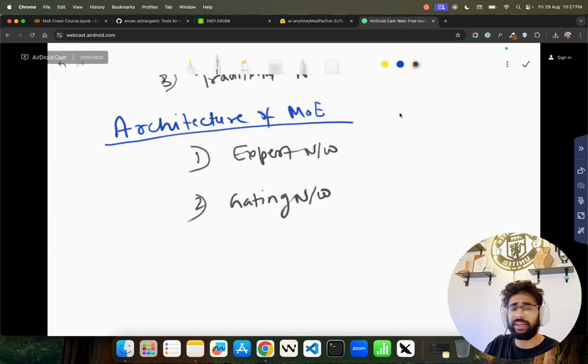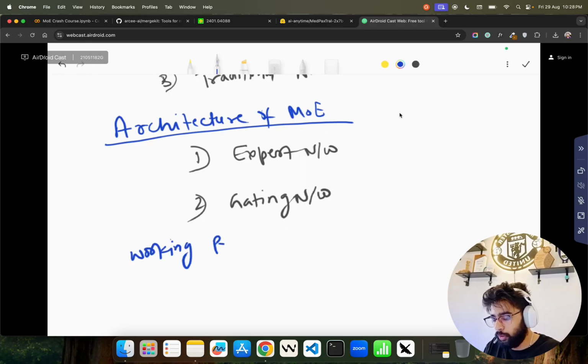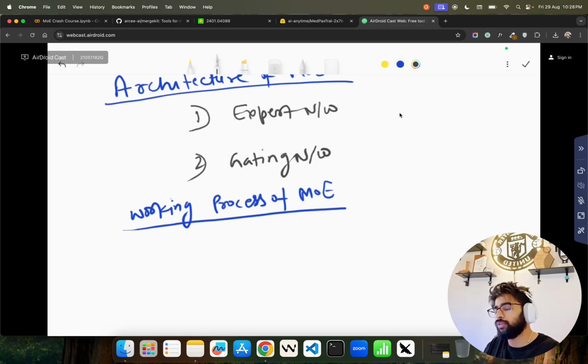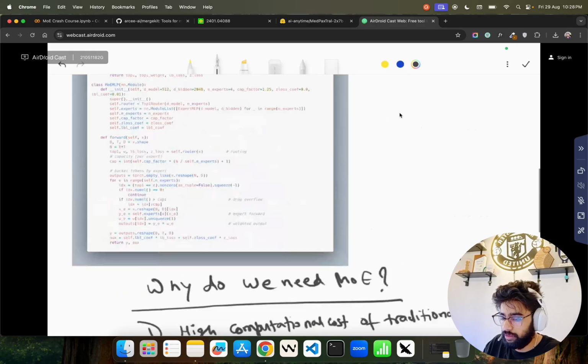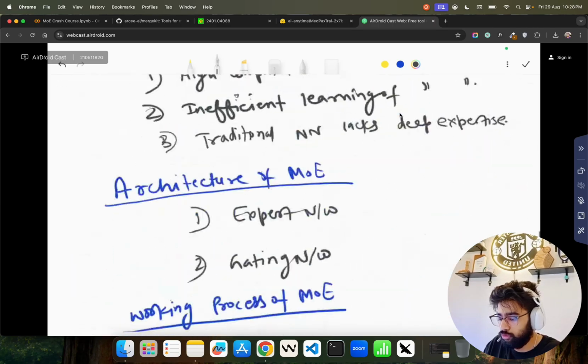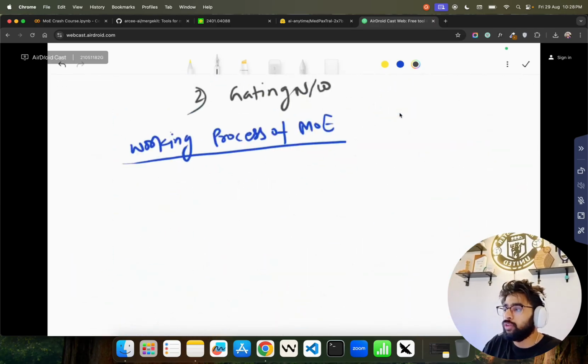But how does it work, right? The working process, which is important. So let's go into the working process. Like how is the workflow when we enter a question? So, working process of MOE. Let me just write it here. The working process of MOE is how it works. Just give me a moment here. Yeah. So let's first start with an example.